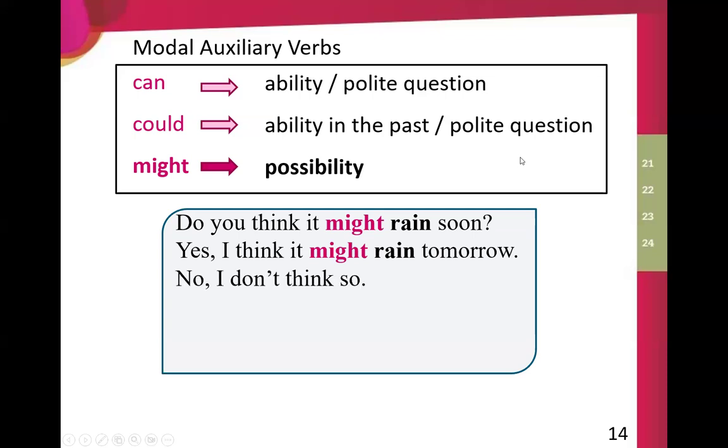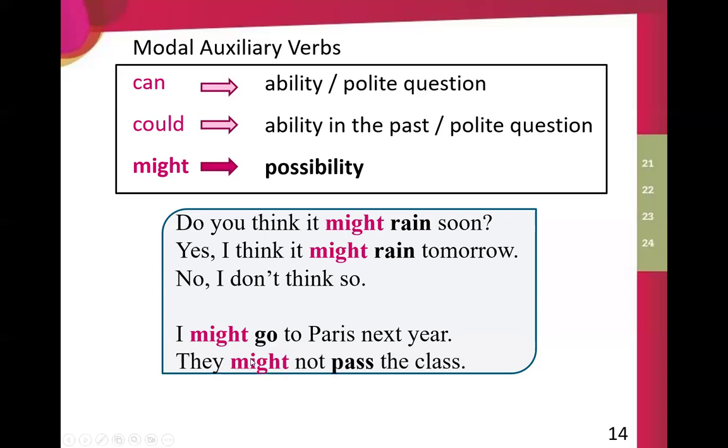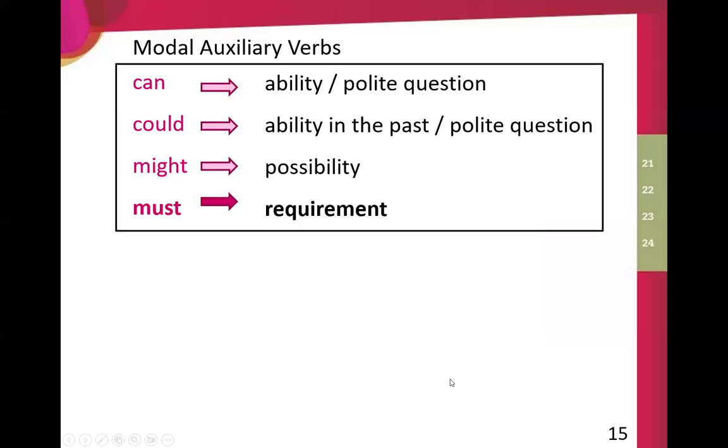It's about 60%, right. So it's a prediction, 60% to happen. No, I don't think so. You can say that. I might go to Paris next year. So this is a prediction. They might not pass the class. So this is prediction or possibility in the future.